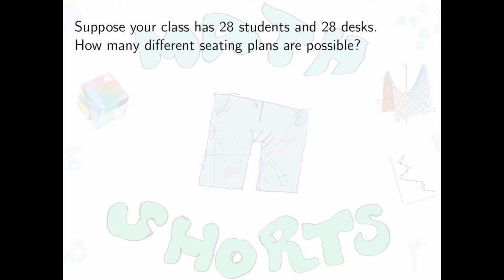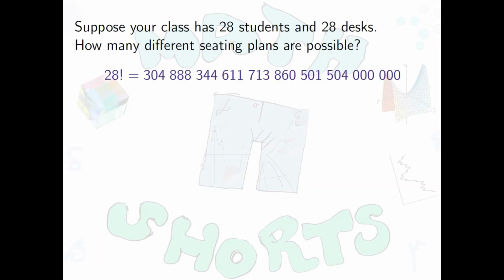So we know that there's going to be 28 ways to place the first student in the first desk and so on down the line, and that's just going to be our definition of a factorial. And when we calculate this, we get 304 octillion and then some. I calculated this using Wolfram Alpha online. I'll leave a link in the description of this video.